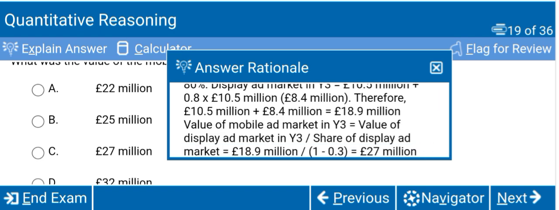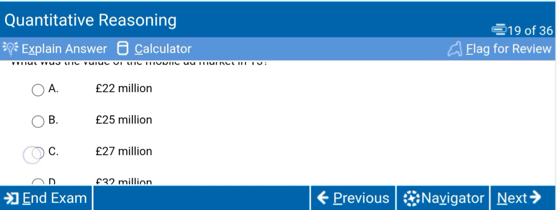Now, value of mobile ad market in year 3 equals value of display ad market in year 3 divided by share of display ad market, which is 18.9 million pounds divided by 1 minus 0.3 equals 27 million pounds. So that's how we can say the correct option is option C, 27 million pounds.